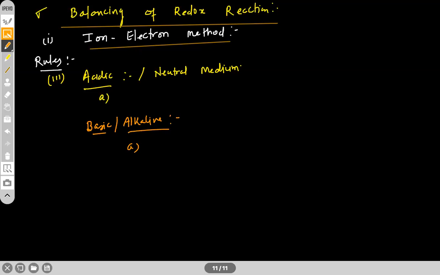Next point for basic medium: for every excess hydrogen atom, add 1 OH minus ion on the same side and 1 H2O molecule on the other side.